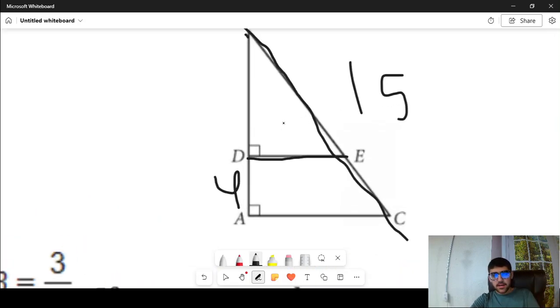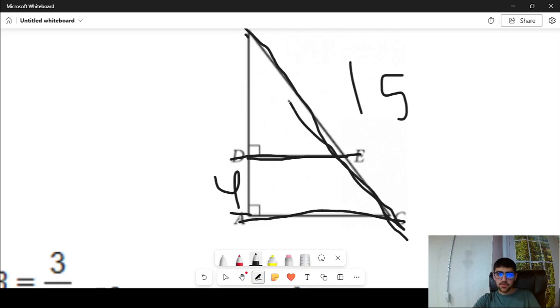Or you could see that AC and DE are parallel. Because they're parallel, corresponding angles are equal, and line BC is a transversal, so this angle is equal to this angle, and there's also the right angle.